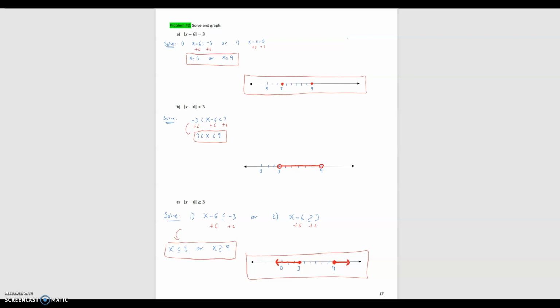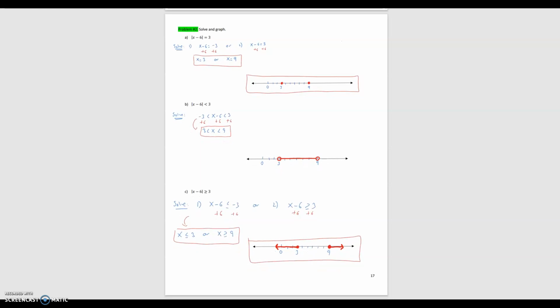And we do have to take into account the boundaries. Here you are including 3 and 9. Less than, you're not including 3 and 9. Greater than or equal, we would include 9 towards the infinity and 3 towards the negative infinity. That's it for problem 2.